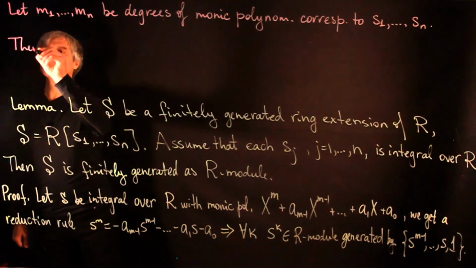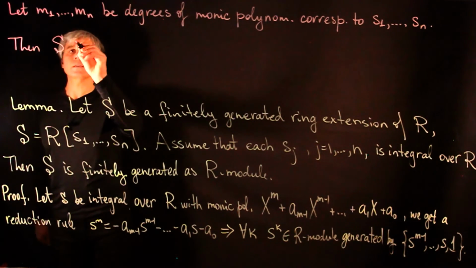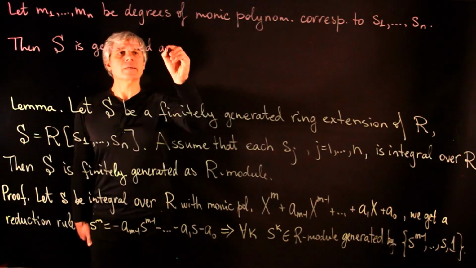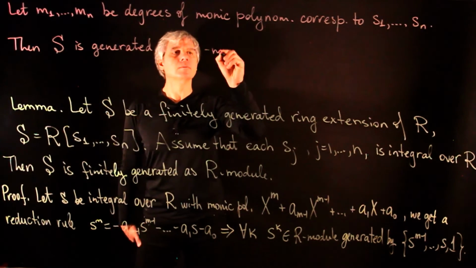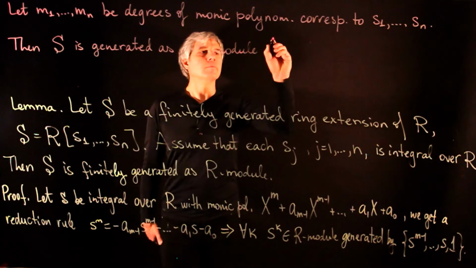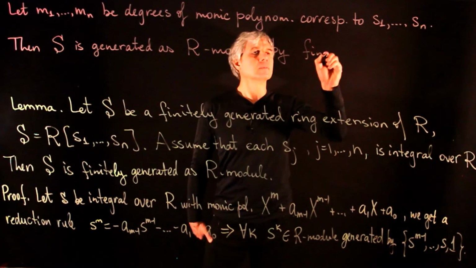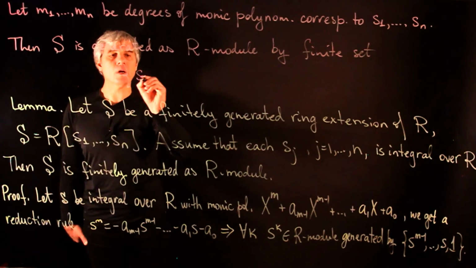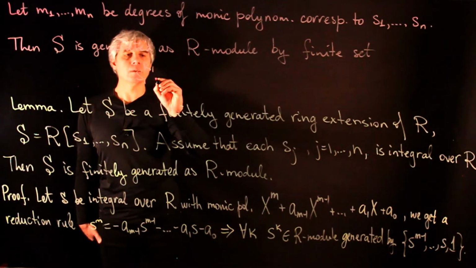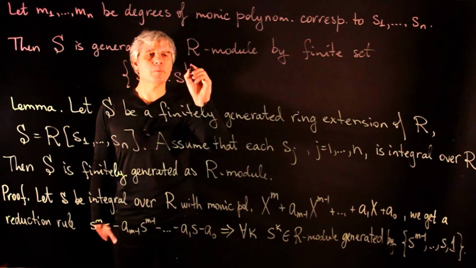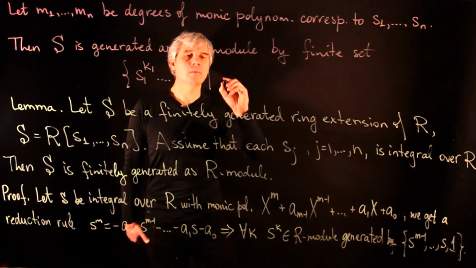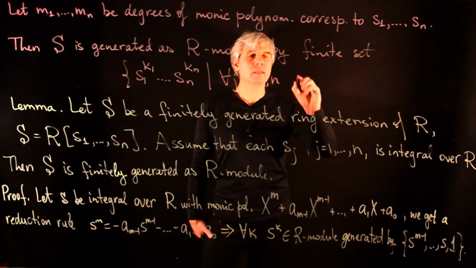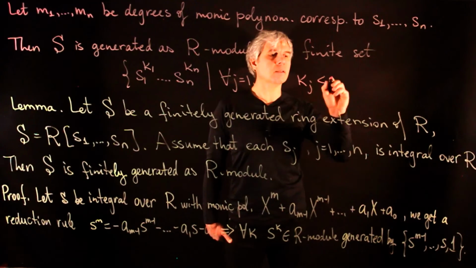Then we see that S is generated as an R module by the finite set of products s1 to the power k1 dot dot dot sn to the power kn, where for every j from 1 to n, kj is strictly less than mj.